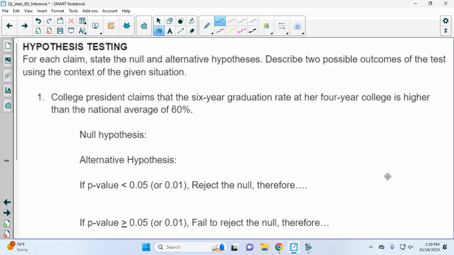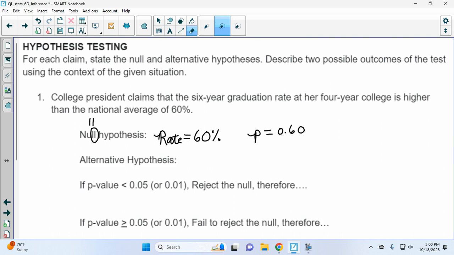It always has an equal sign. If you notice, this is kind of like a little equal sign. So the proportion, the graduation rate is 60%. Or we might call that the proportion is 0.60. Those are two different ways of writing the null hypothesis here. It has an equal sign. The alternative hypothesis is whatever is the claim.